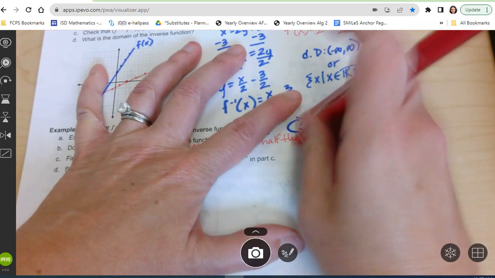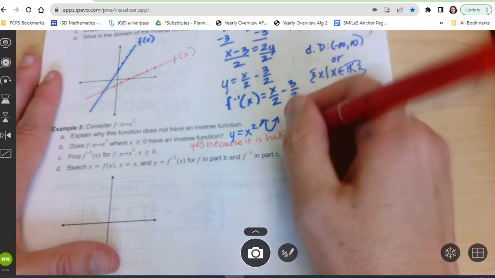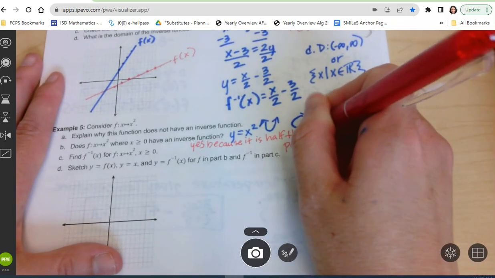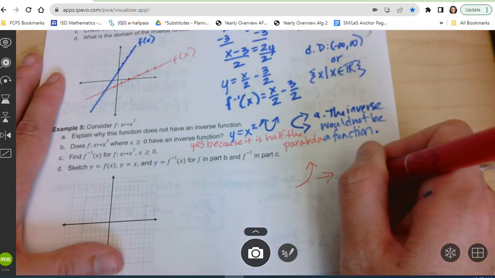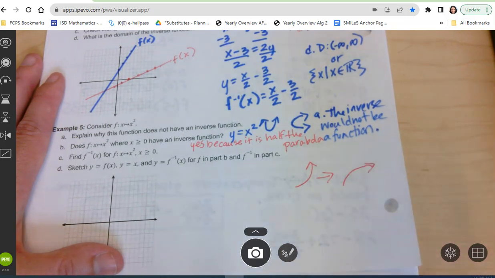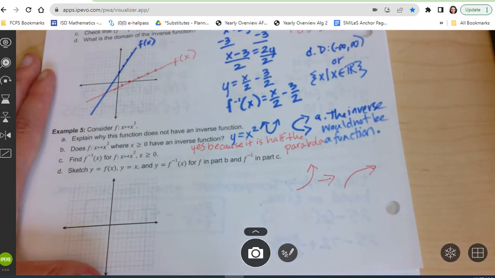I ran out of space there. It's half the parabola. So this becomes this shape. All right, so we have no problem with our vertical line test.